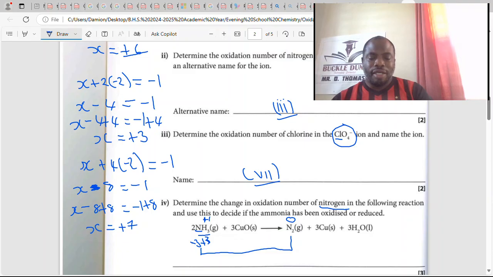And what's an increase in oxidation state? Oxidation. So definitely the ammonia is being oxidized.